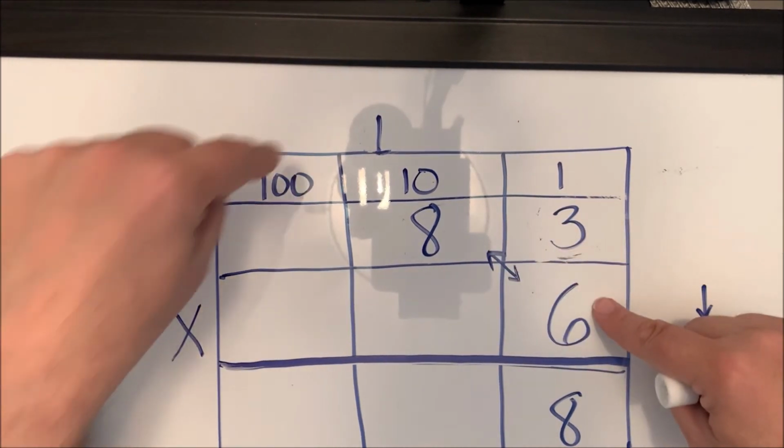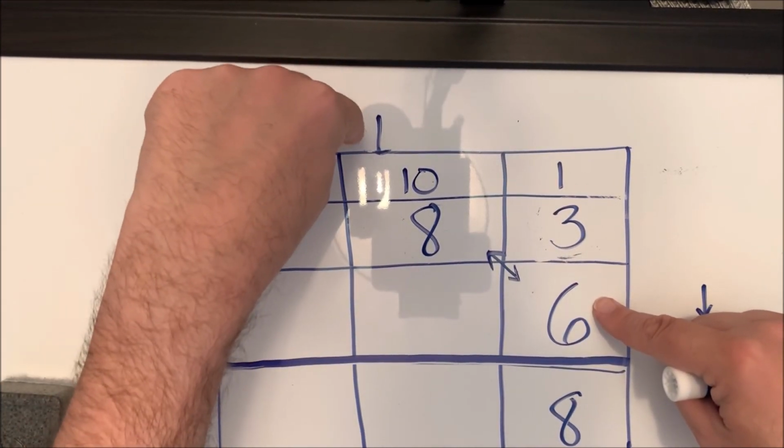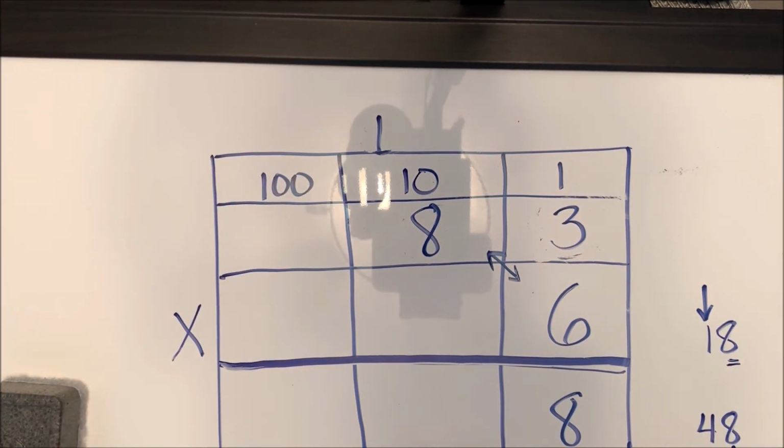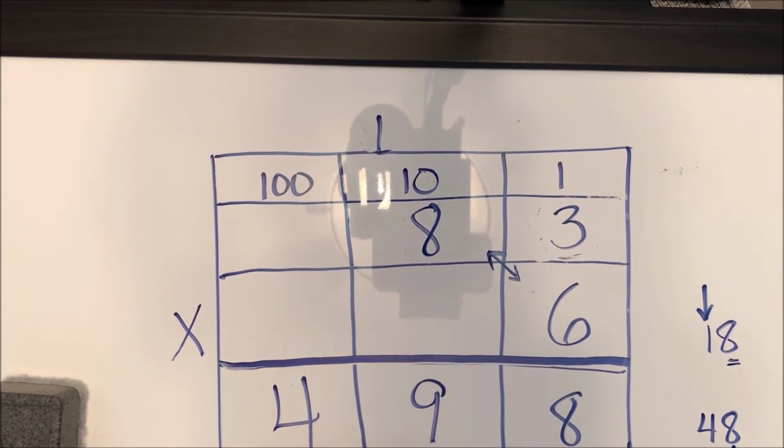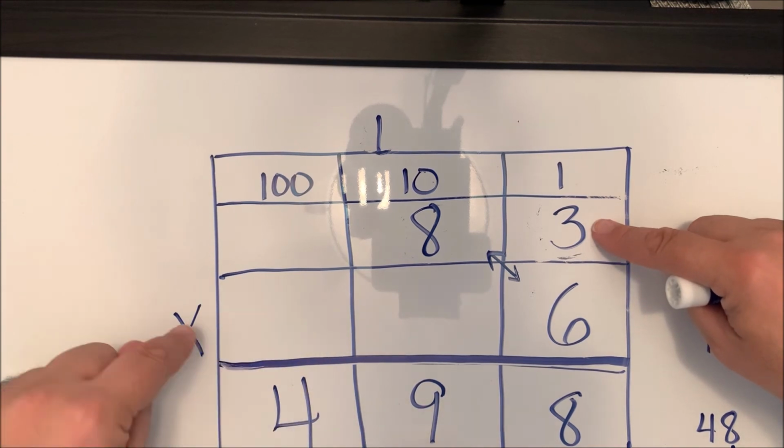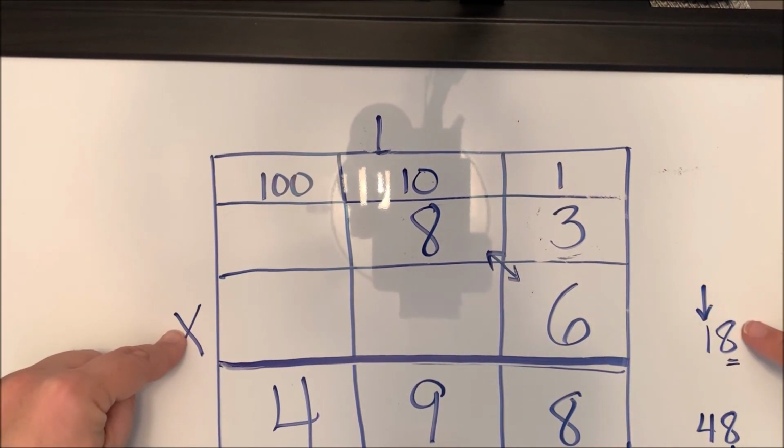Don't forget that plus up here, though. That's very, very important. So I put my 9 here, and my 4 is going to go in this column. So the answer is 498.